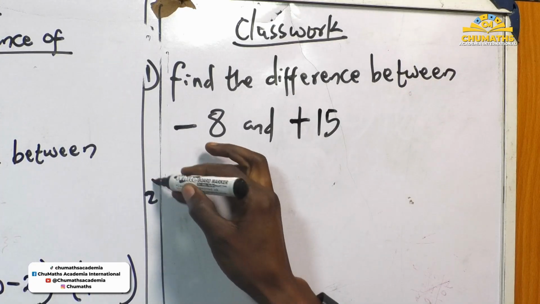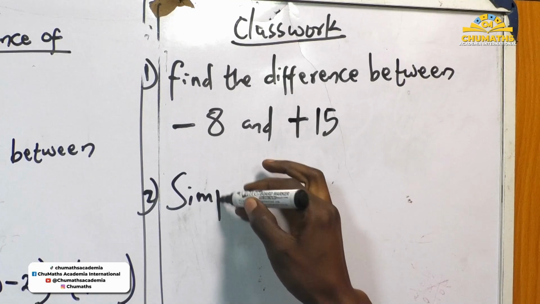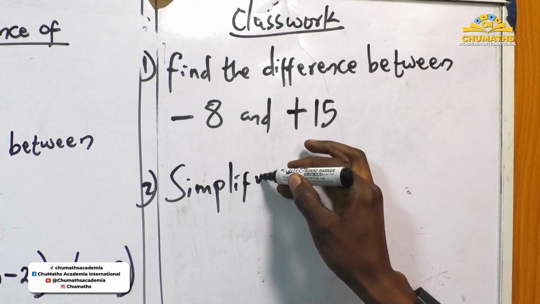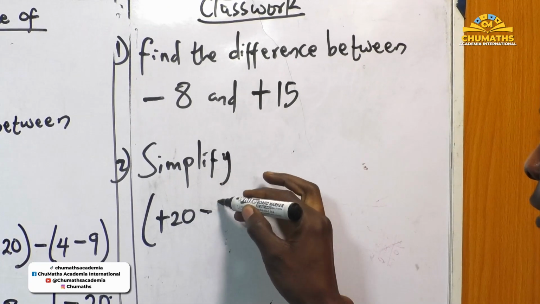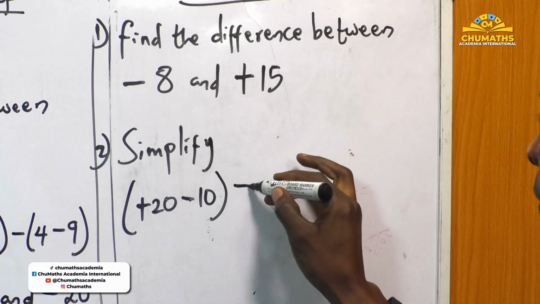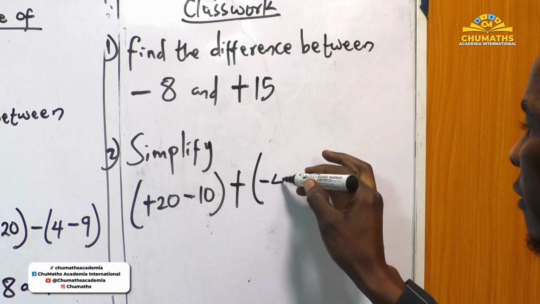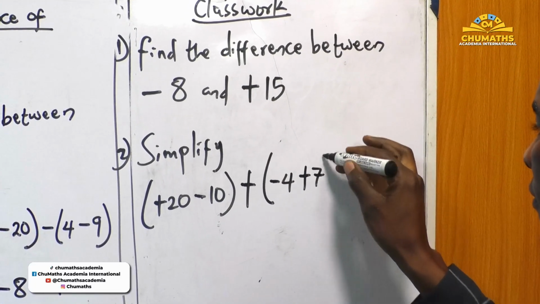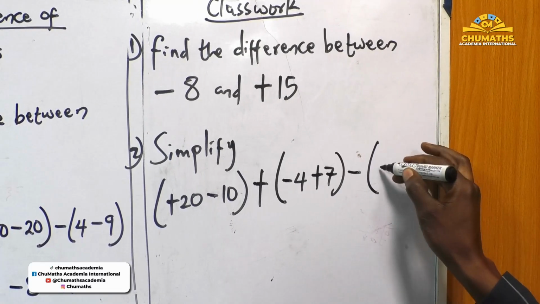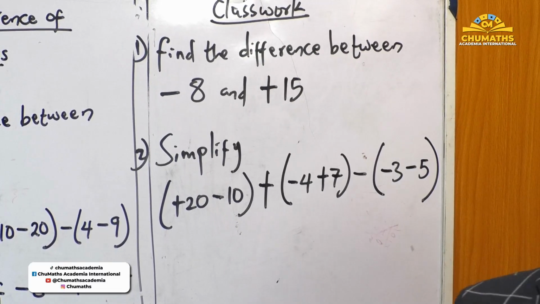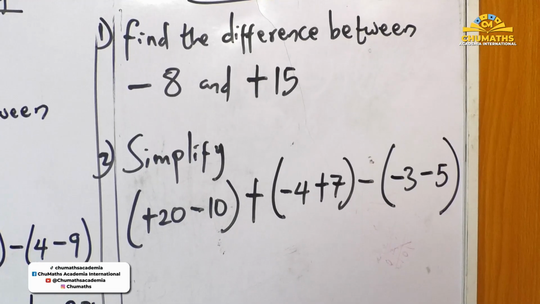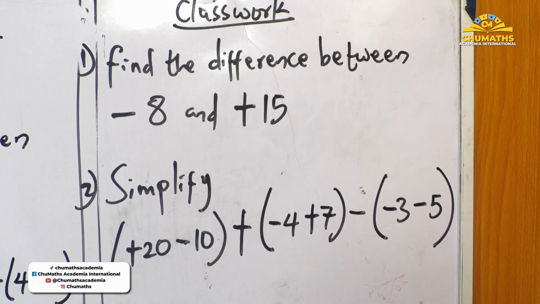Then number two, simplify +20 - 10 plus -4 + 7 -3 -5. So these two questions, simplify it and drop your answer in the comment section.